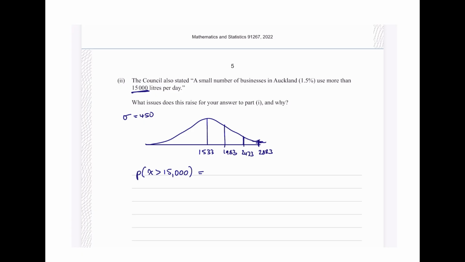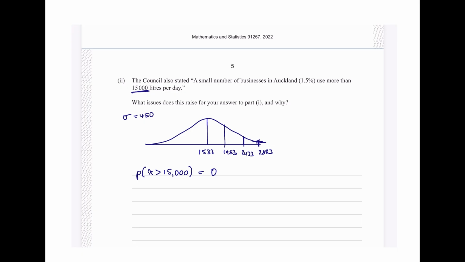So NCD, because we're calculating a probability, our lower limit is 15,000 and our upper limit is 99999. Standard deviation 450 and 1533 is our mean. Look, it tells us that probability is 0. Our probability should be so small because our data should be contained within plus or minus 3 standard deviations. So what does that mean?